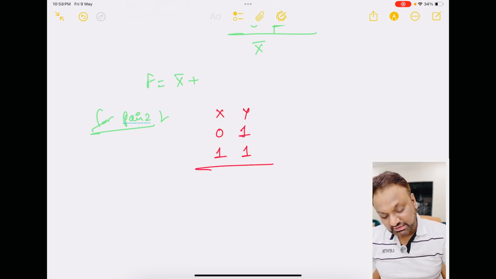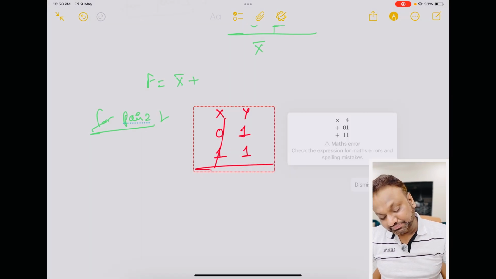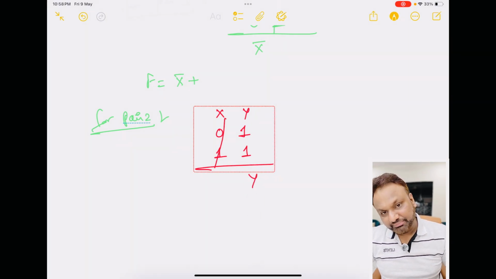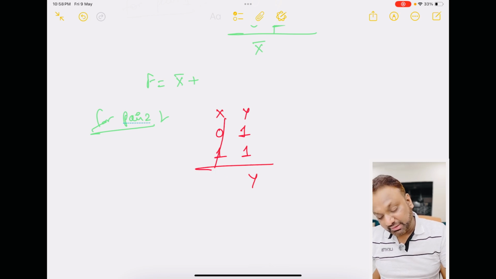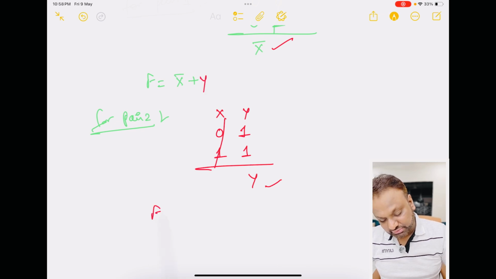If zeros and ones are there, you just cross it. If everything is 1, then you write simply y. Therefore for pair 1 the answer was x bar, for pair 2 the answer is y. Therefore f is equal to x bar plus y.